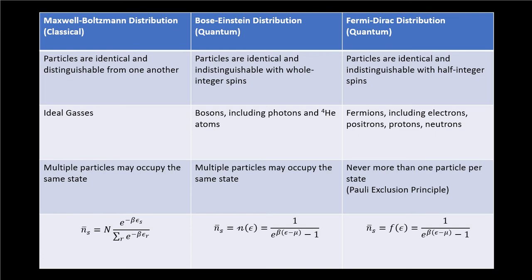In both quantum cases, these are dealing with systems of particles which are identical but are indistinguishable from one another. Therefore, their wave functions can and do overlap. Bose-Einstein distributions are for particles with whole integer spins, 1, 2, 3, 4, etc. And then Fermi-Dirac distributions are for particles with half integer spins, from 1/2, 3/2, 5/2, and onward.